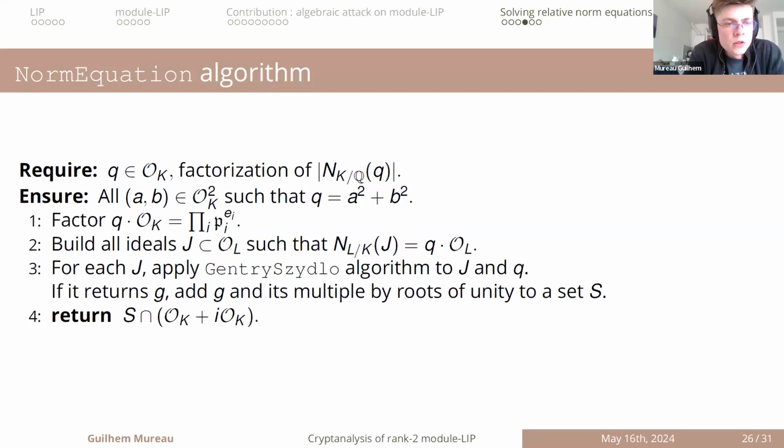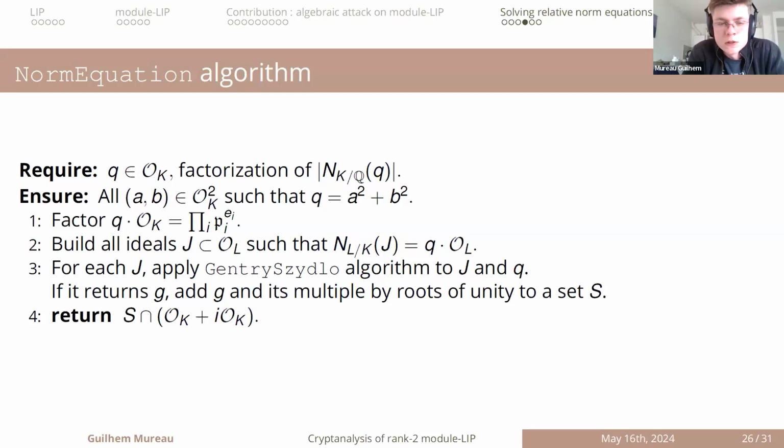And then we compute all the ideals in OL with the good relative norm, as we saw before. And for each one, we apply the Gentry-Szydlo algorithm with input J and Q, the relative norm elements. If it returns an element G, then we know that G is a solution to the norm equation.